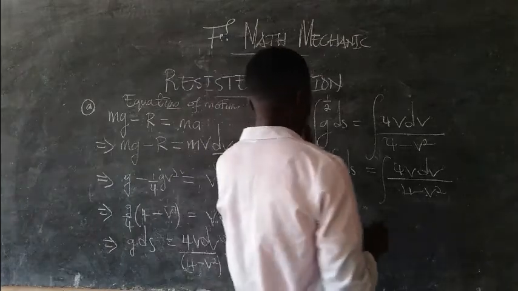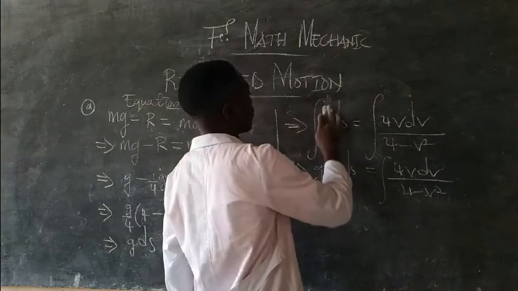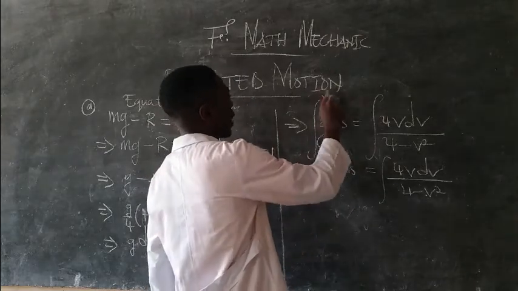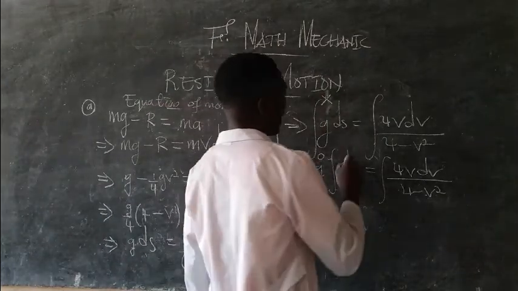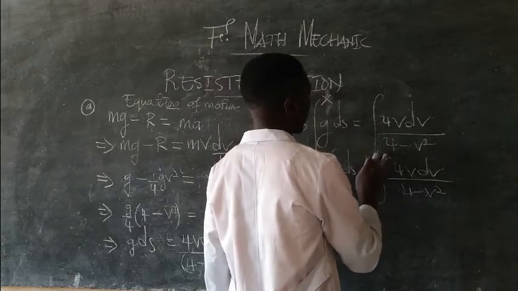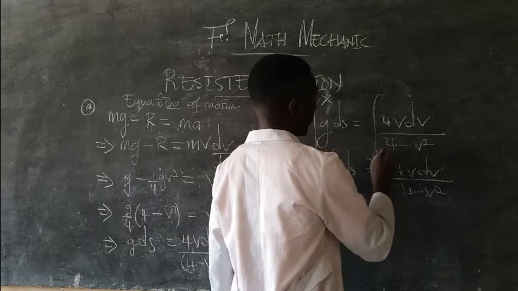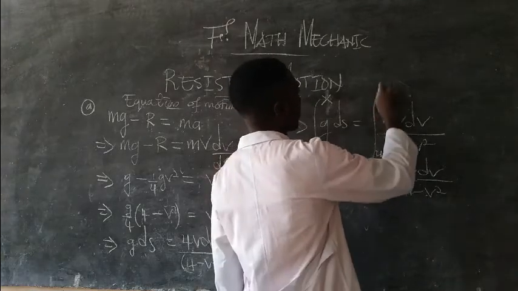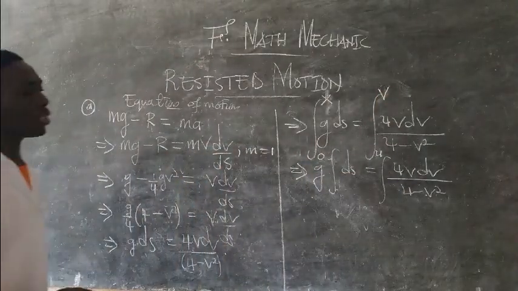And here, we are integrating distance, so it started from 0 to x. It has moved a distance x meters after a certain time t. And at that time, the speed of the particle had moved from u to a certain v, which is the final speed.